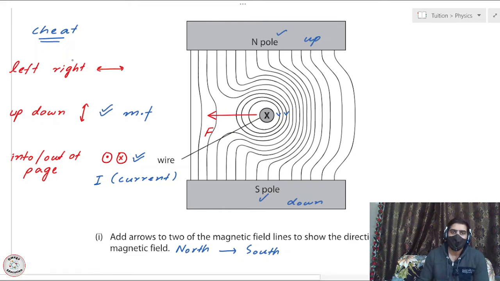Now, how do we choose from left and right? You see, this region represents more magnetic field lines. It represents stronger magnetic field. And this region, on the other hand, on the left side, presents a few number of magnetic field lines.